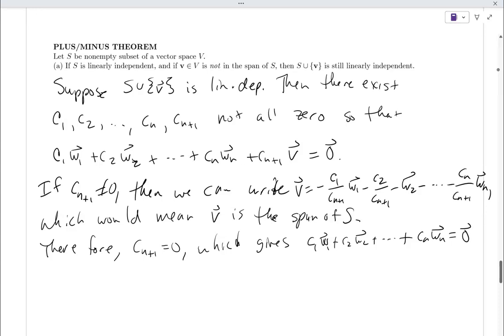But what is it that we're assuming about S? What are we assuming about S? Linearly independent, right? So what does that mean that all of the C's have to be? 0. Yeah.